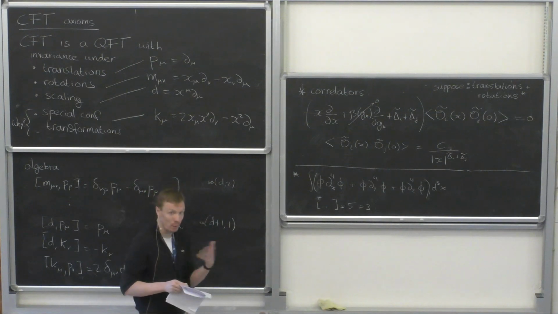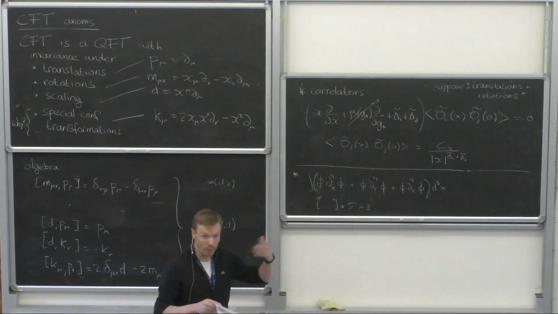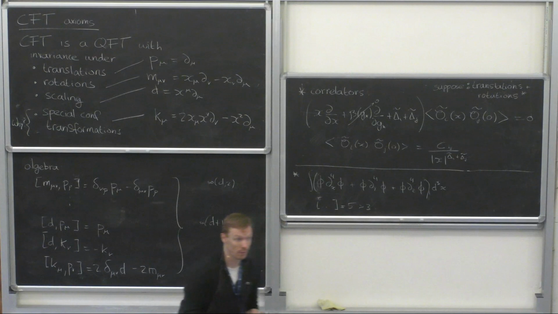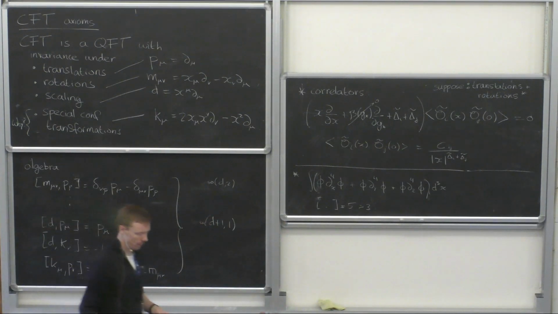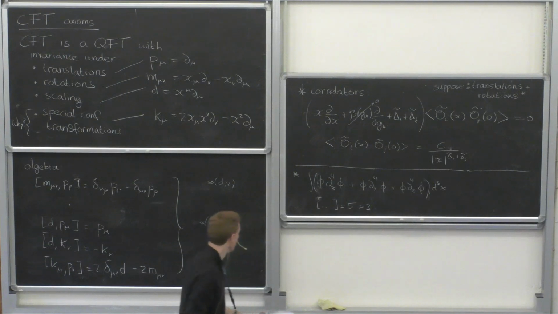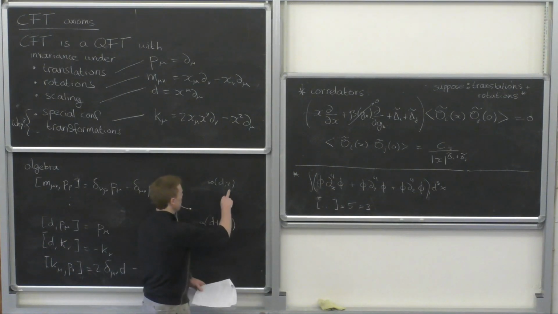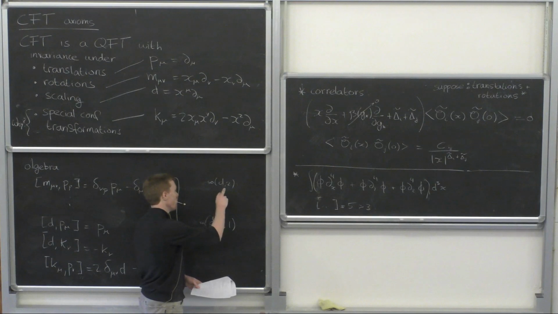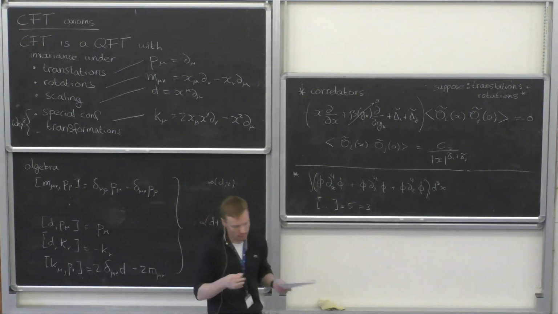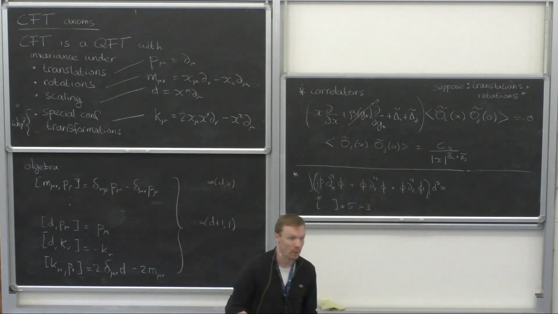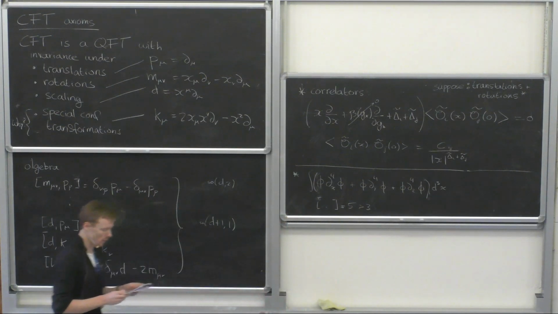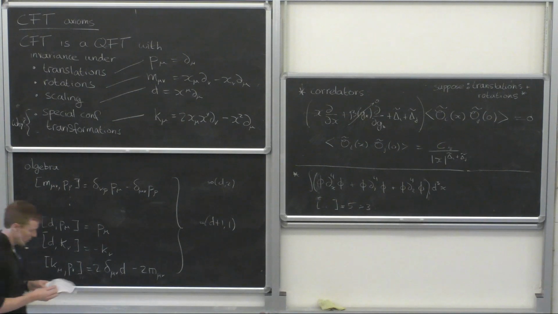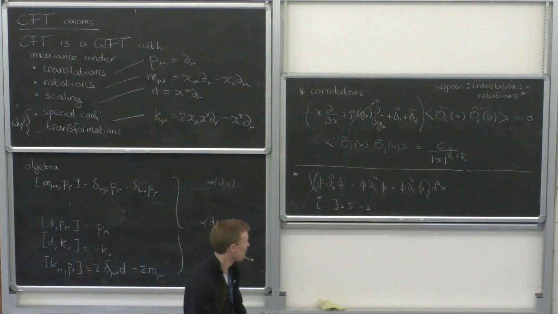But what's really the group is probably some universal cover of this, and not just SO(D,2) in itself. So in D equals 2, you get SO(2,2), which is basically two copies of SO(2,1), but the group is more like the universal cover of SO(2,1) rather than just SO(2,1). So stick to the algebra is my advice.